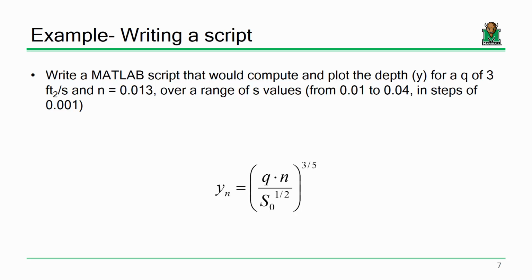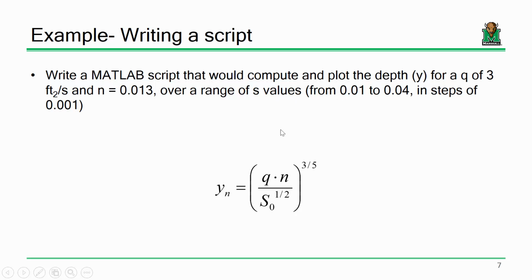If you have a rectangular channel and you know how steep the channel is, like what is its slope, and the roughness of the material, whether it's made out of concrete or plastic, then that n value describes the roughness, and q is related to the flow rate. So if you knew these things, then we wanted to have you create a script that calculated the depth over a range of slope values.